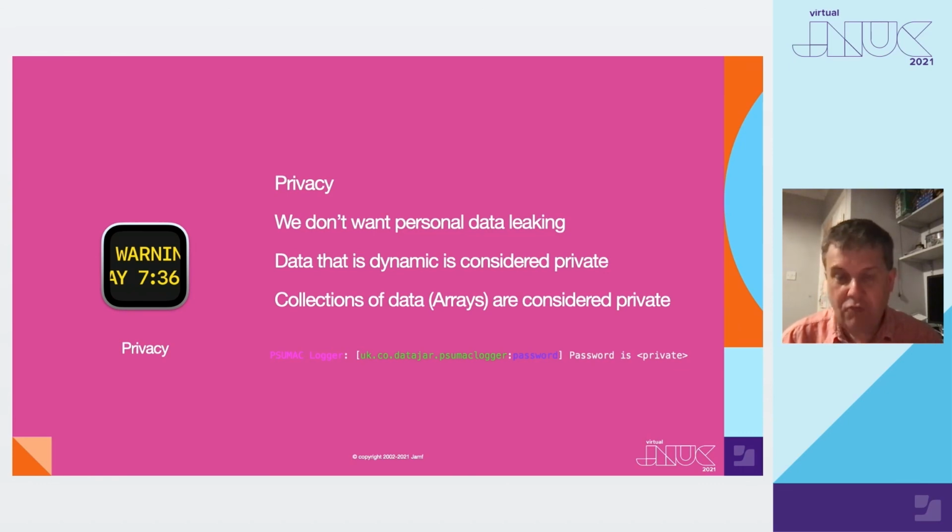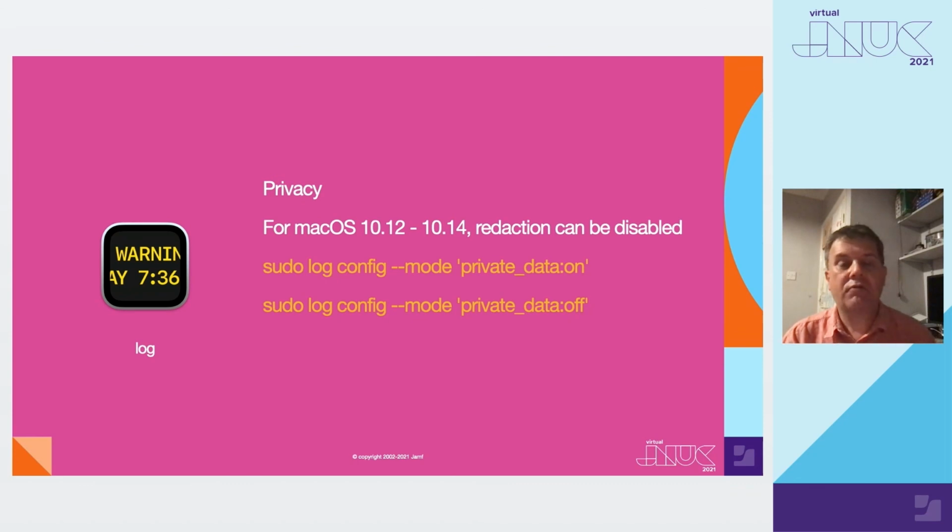Now, you can override this, and this is something I wouldn't recommend doing unless you've really got a need for it. But it is possible to turn the redaction off, so it does start logging these messages. So in 10.12 and 10.14, this could be done with a mode command, and you can turn private data on or off. But this is slightly too easy and slightly too dangerous, because you could just do this from a single command.